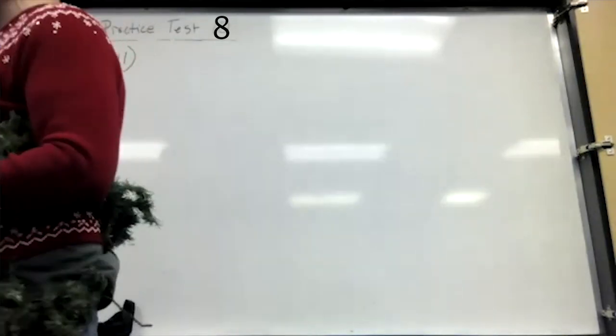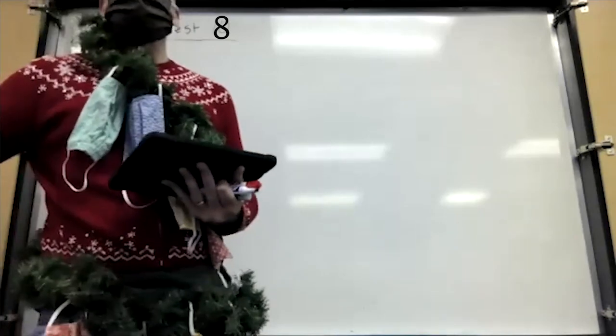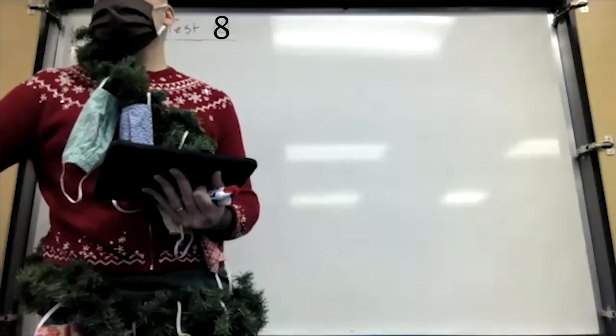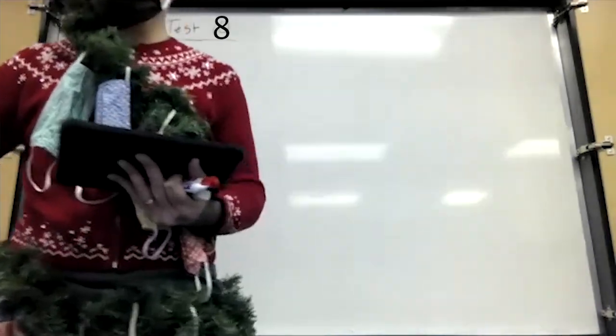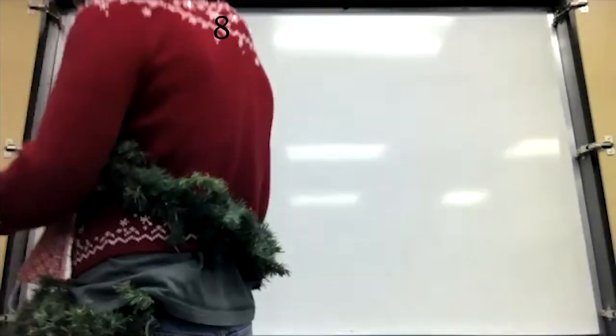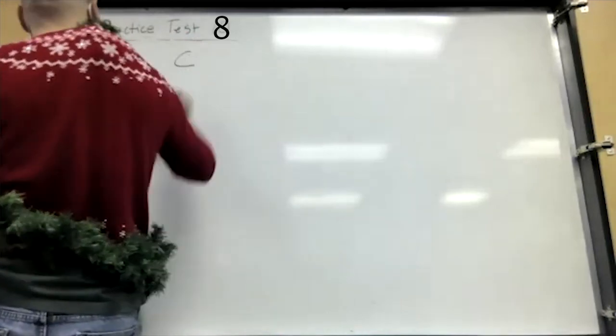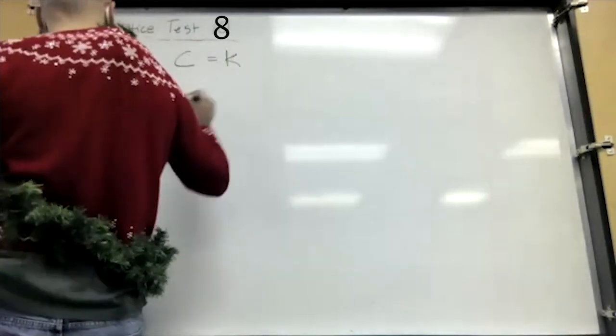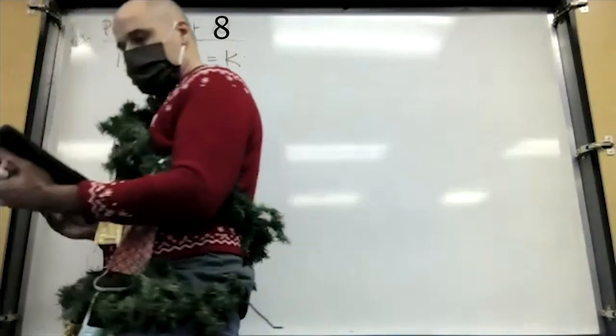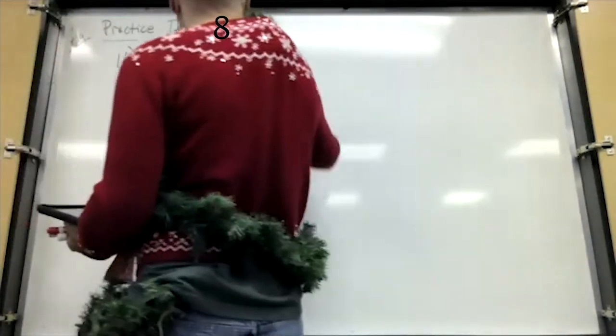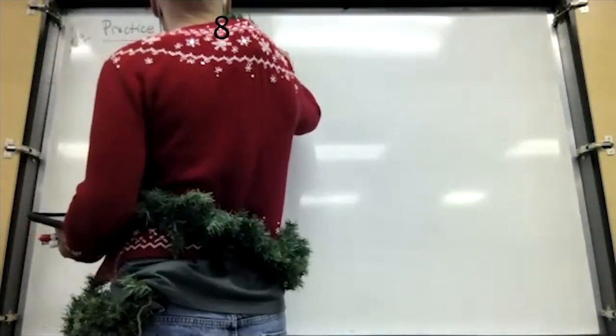Okay, number 11, guys. These are direct variation and inverse variation. So direct variation, if I wanted to say the number of cups varies directly with the number of fluid ounces.